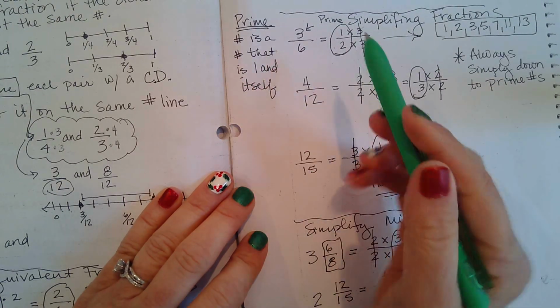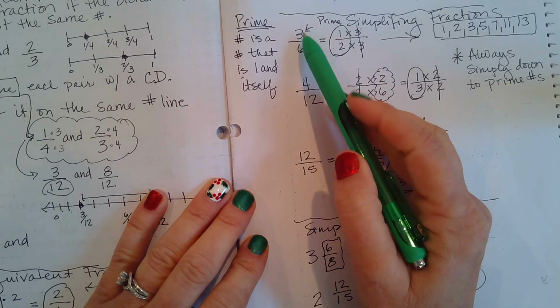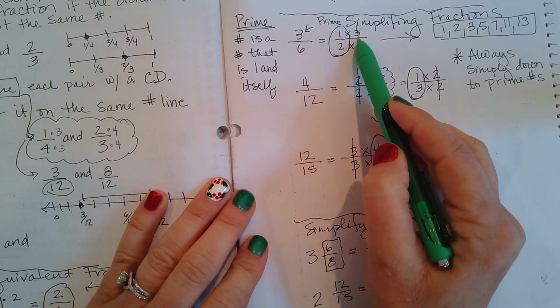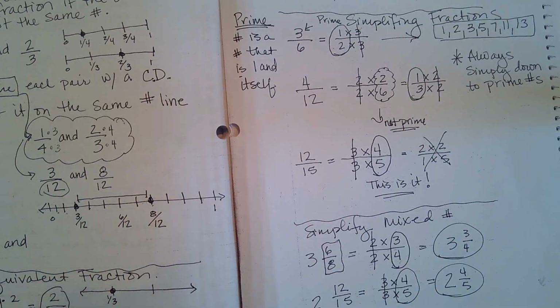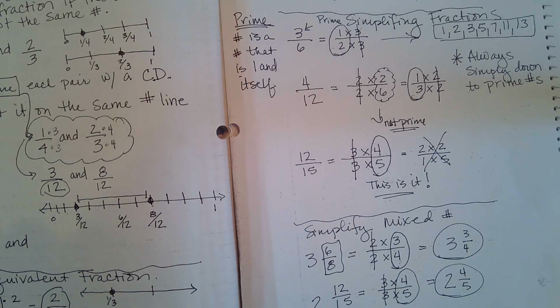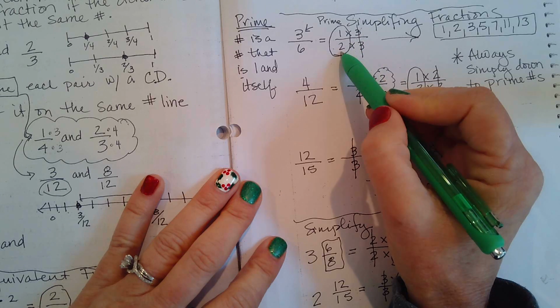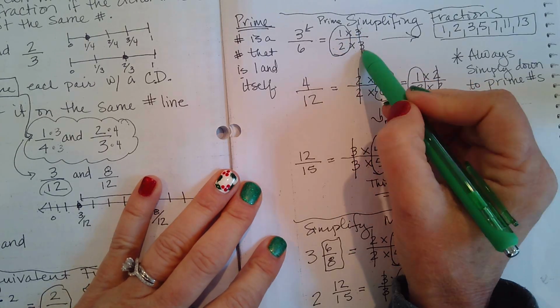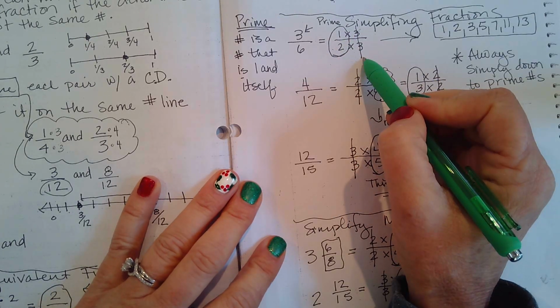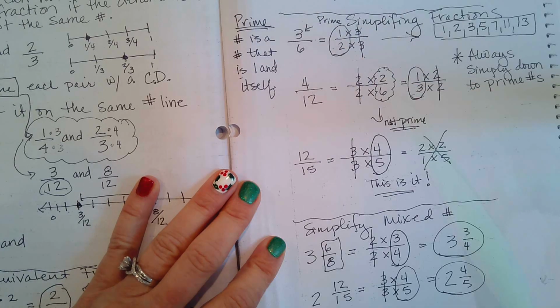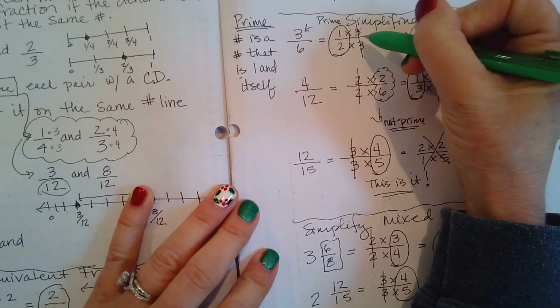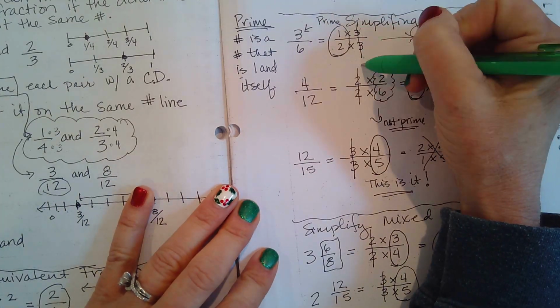So whenever you're simplifying, you break each number apart into its factors, starting at the top, and you're always looking for a number that they can share that you can cancel out, because this essentially is 1/1, which is 1.